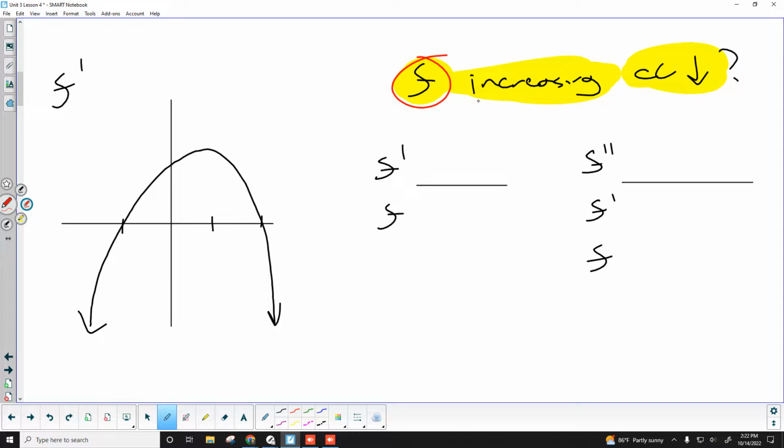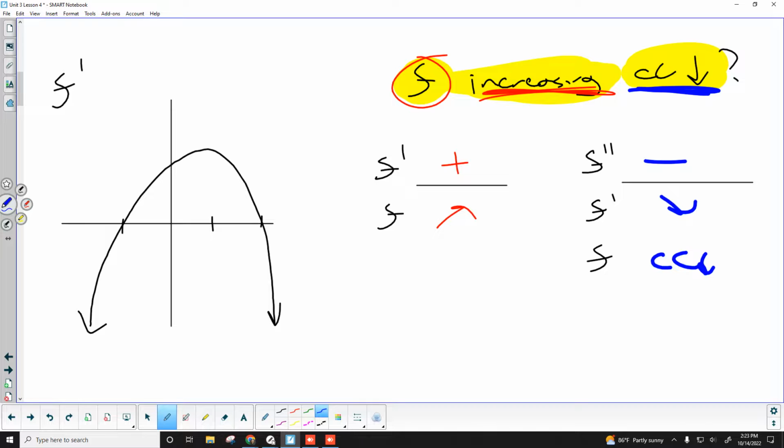Fill out the charts based on the question. F is increasing. Okay, F is increasing. That means F prime has to be positive. I get that from there. Second thing is F is concave down. Okay, F is concave down, which means F prime must be going down, or F double prime needs to be negative.